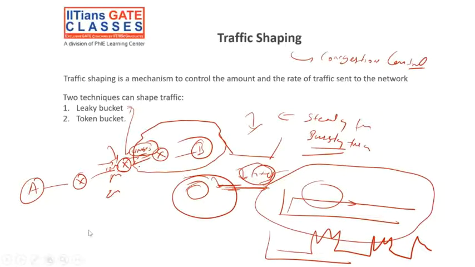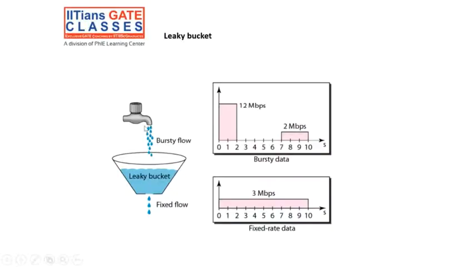So two techniques are there, leaky bucket and token bucket. Let's see both techniques. Let's start with leaky bucket. Here your bursty data is coming, let's say from 0 to 2 seconds. This is in seconds, right? From 0 to 2 seconds, 12 Mbps data is coming at speed.